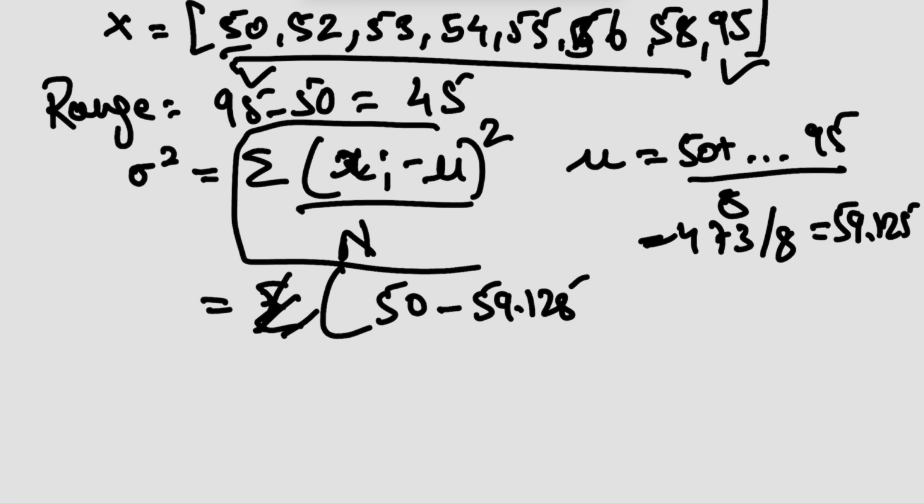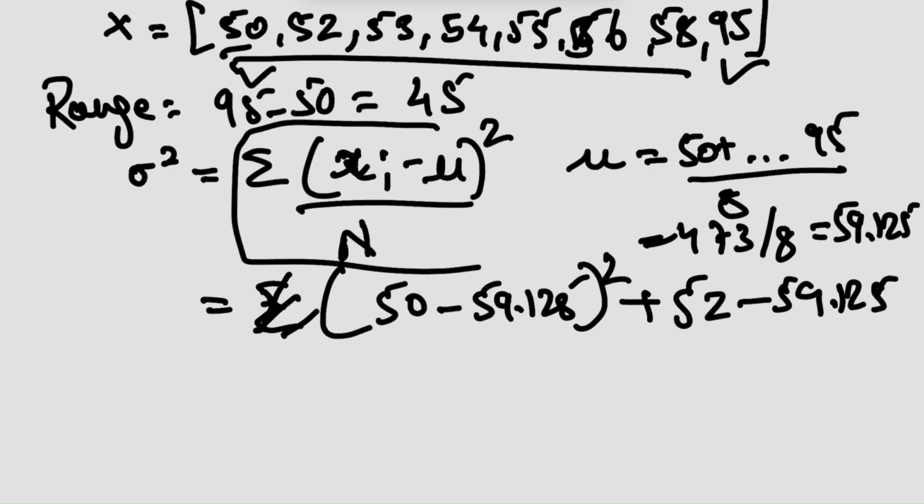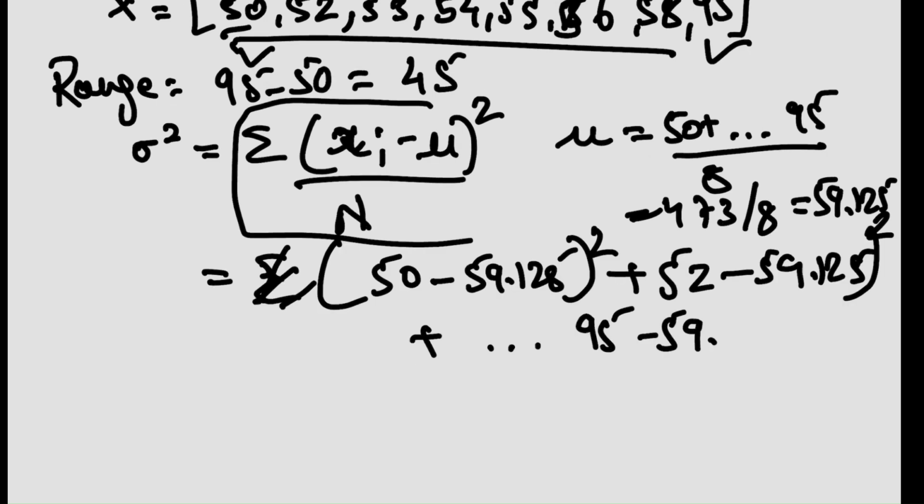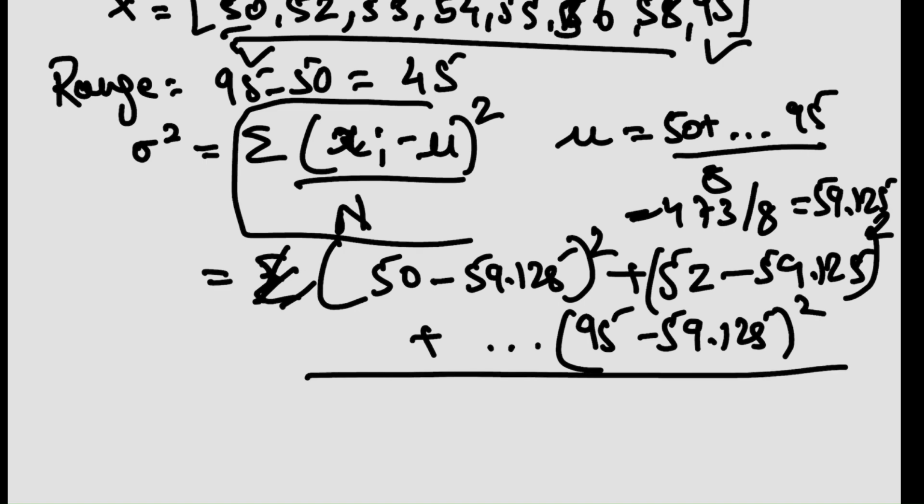I don't need to write this, square of this plus, then what is next, 52 minus 59.125 square. So if you do all this all the way till 95 minus 59.125 square, and divide this by n, that is 8, you will get a result as 189.2. And this is nothing but the variance.